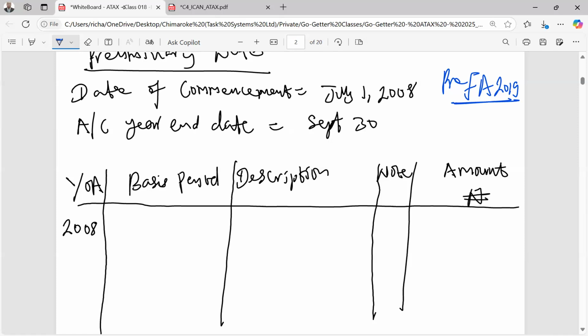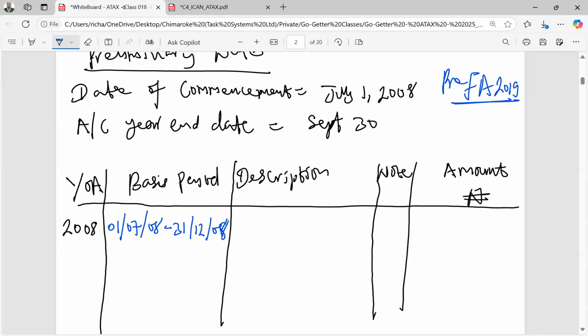So I will say this is going to be July 1, 2008, and it will take you all the way to 31st December 2008. So it's going to be an actual year basis. The year of assessment coincides with the year the business starts, and it ends at 31st December of that same year. It doesn't respect the account year end.